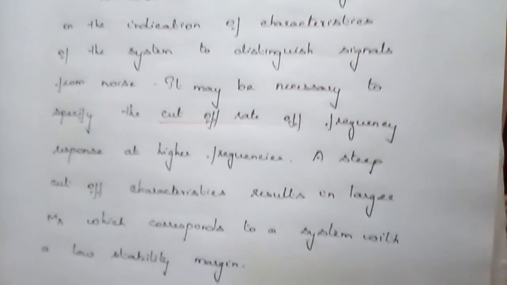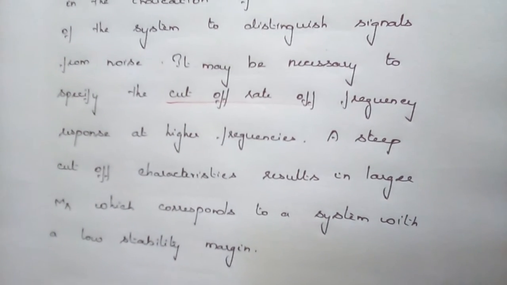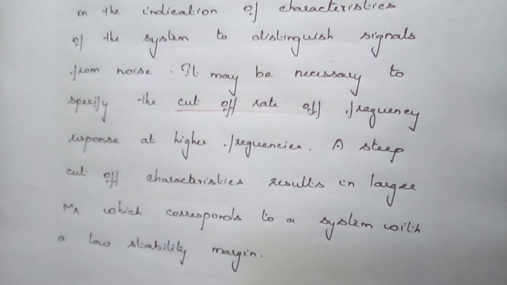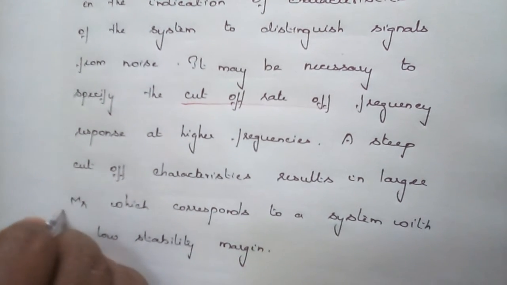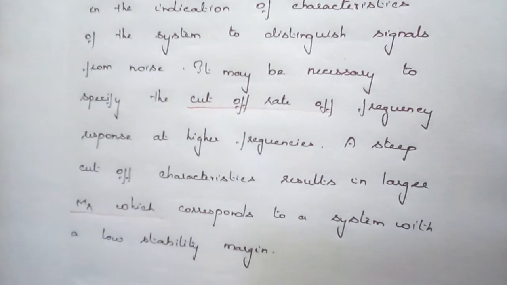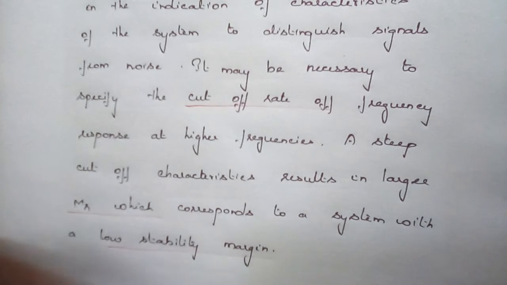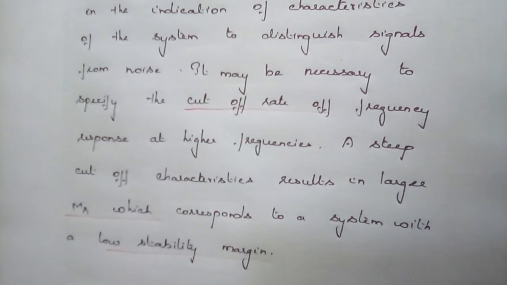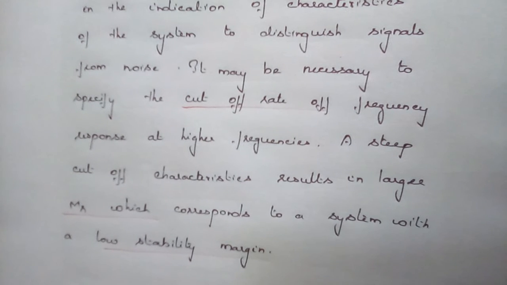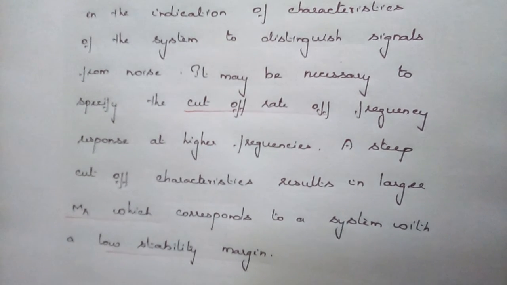A steep cutoff characteristic results in a larger MR, with a low stability margin. This is to be kept in mind while defining the cutoff rate. A steep cutoff causes a larger MR, meaning a larger magnitude of peak resonance, and it leads to low stability.